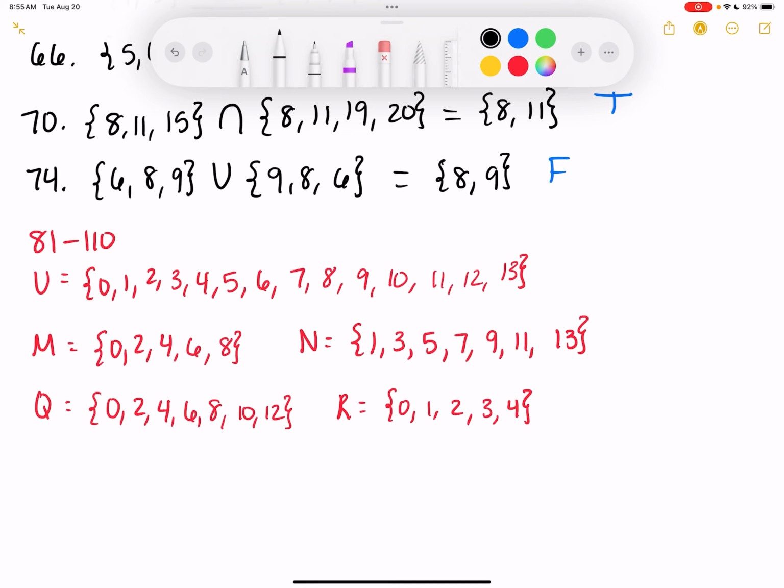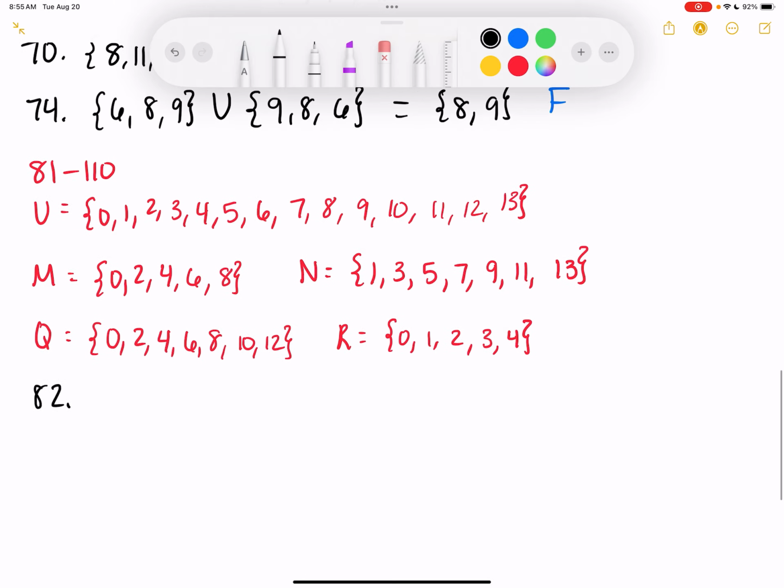So let's do 82. This one is going to be the intersection of M and U. So M intersect with U. Some people like to rewrite the sets every time.